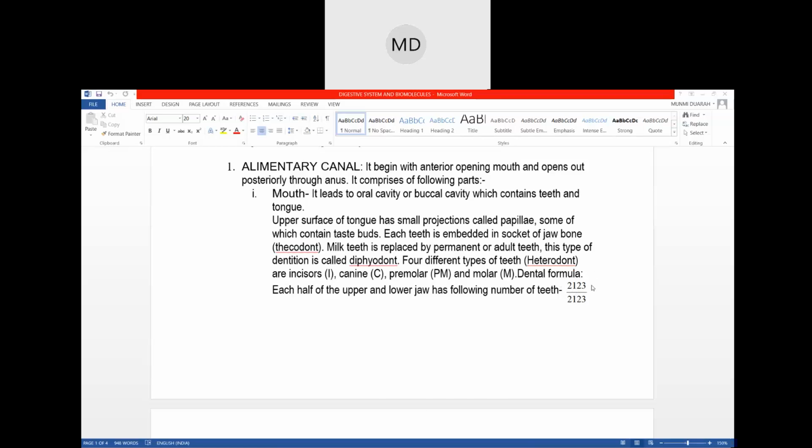Okay, so this 2123, the upper part, represents the upper jaw and the lower part represents the lower jaw. This first 2 represents incisors, and this 1 represents canine, this again 2 represents premolars and 3 represents molars.